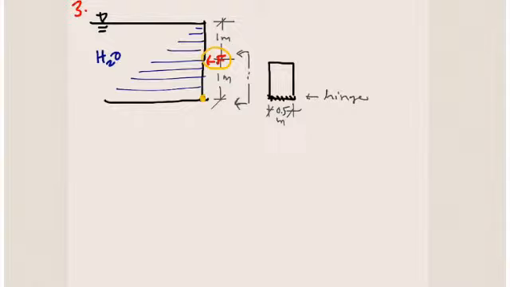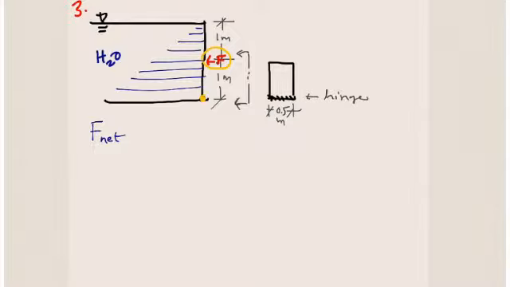What we need to do is figure out the net force, not net pressure, but the net force that is acting on this surface, and at what distance. There is some net force acting on this surface, and that force is being counterbalanced by the latch.